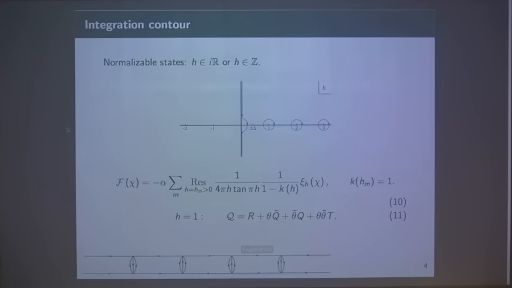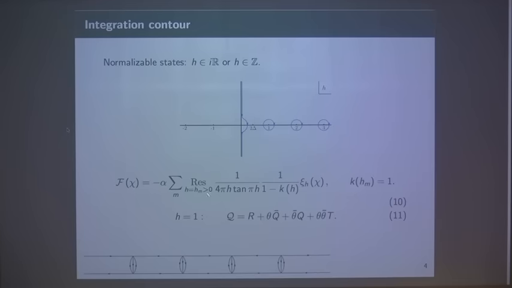And the integrand will have a double pole at the origin, so we'll have to displace our contour to lie to the right of the origin so that we avoid this double pole. Having done so, we can rewrite the 4-point function as a sum of residues over the solutions of the condition k(h) = 1, which of course describes the operator content of the model.